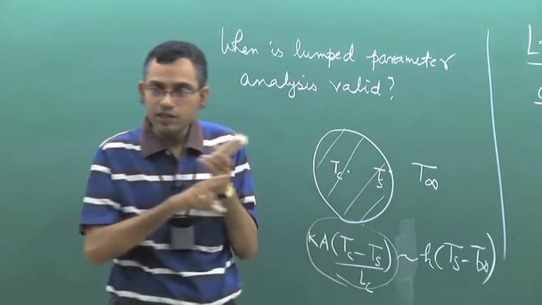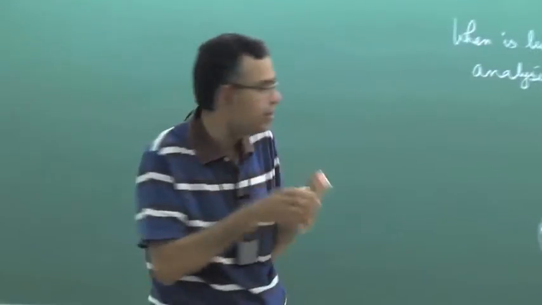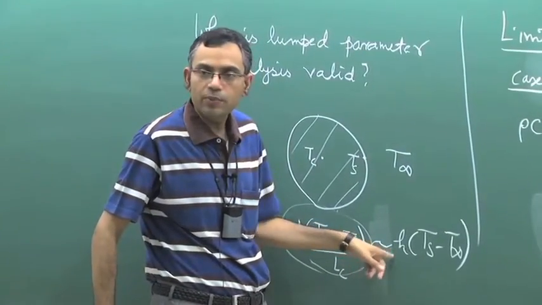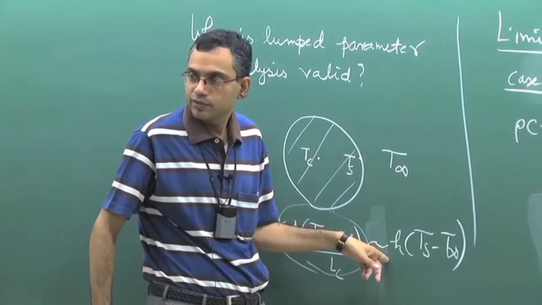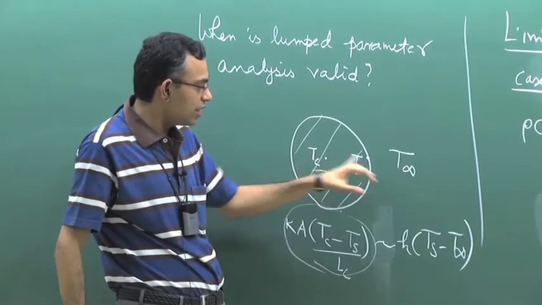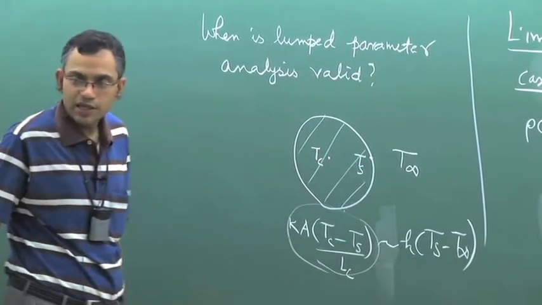Had it been one dimensional steady state heat conduction, that would have been exactly equal to this. Then instead of this order sign we could have put the equality sign, but here it is just the order because it is not a one dimensional steady state problem.